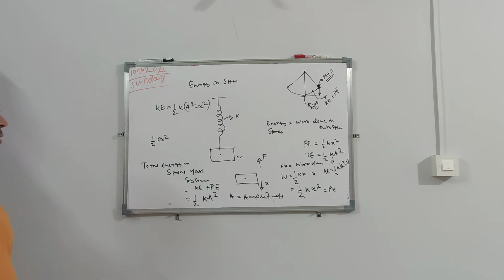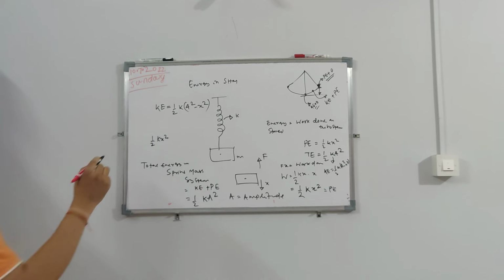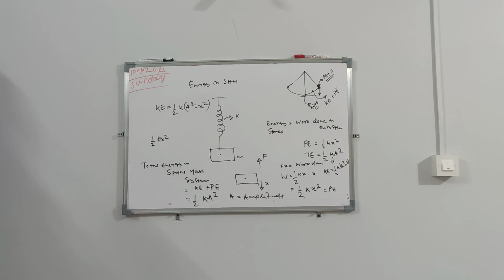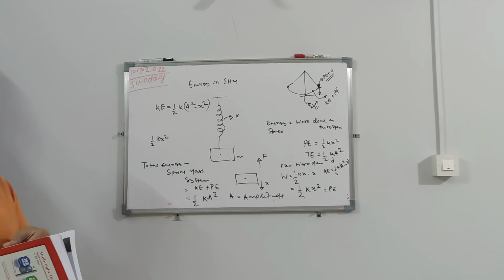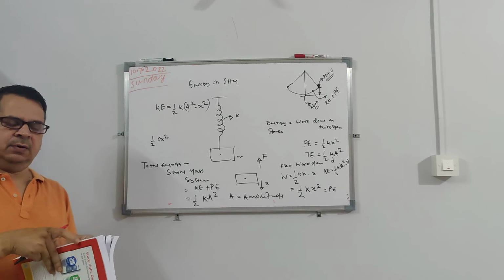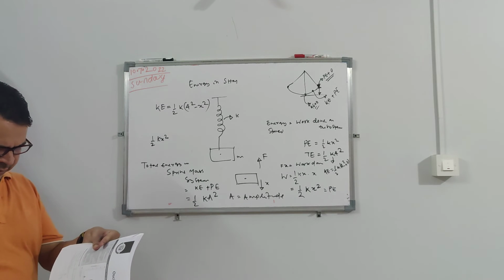So if there is a question where the displacement is equal to half of the amplitude, what is your kinetic energy? You can just put A by 2 instead of x. So those kinds of questions can also come. So now you know the work done: half kx square is potential energy, and half k times A square minus x square is kinetic energy.